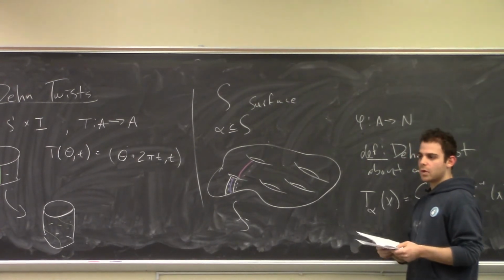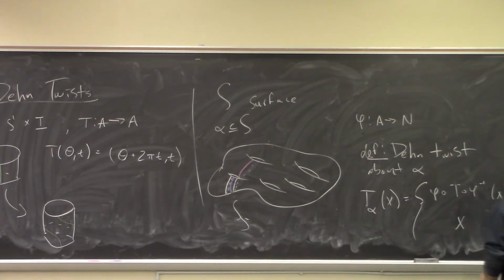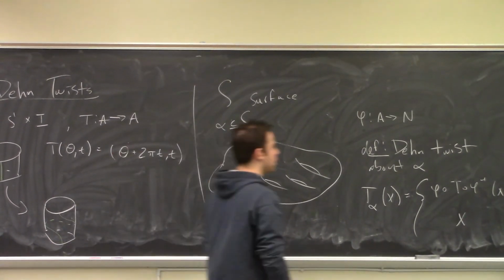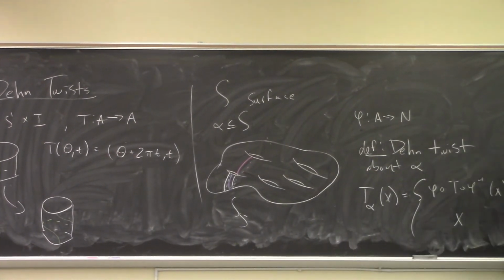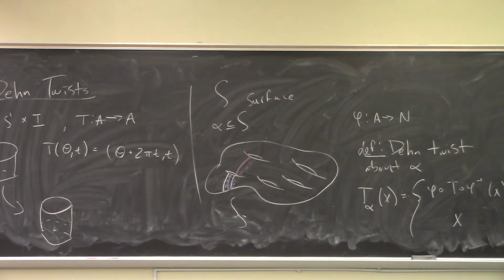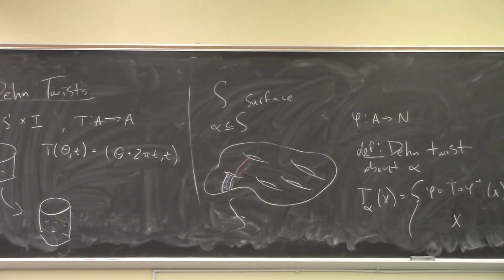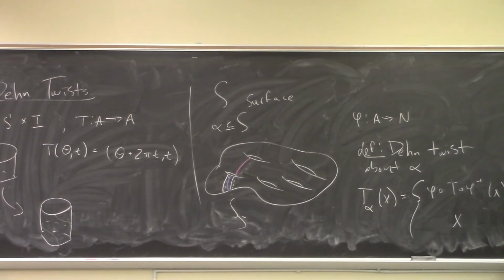Okay, one concrete example is, I told you before that you can realize this torus as just folding up the square. So regardless of how large the square is, let's just say it has sides on the axes.